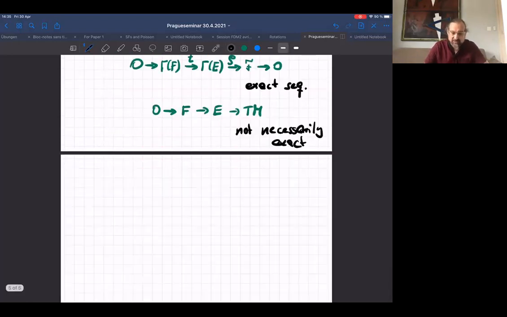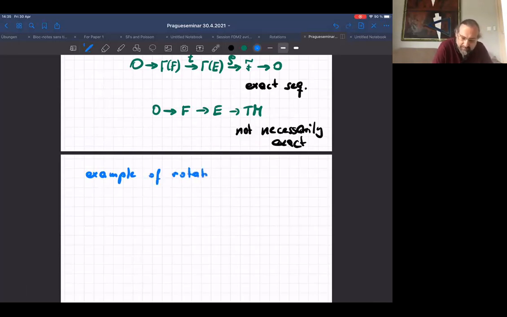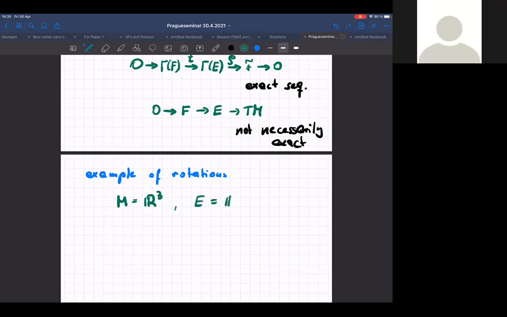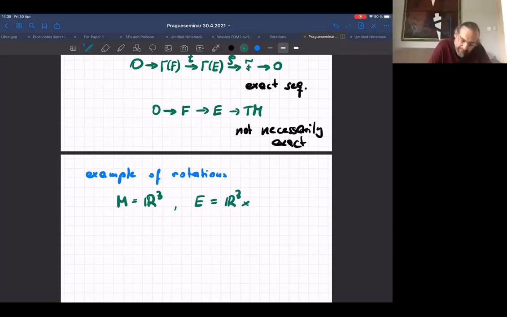Okay, good. So let me give this example of rotations in this setting. There M is equal to R3, E is 3-dimensional, rank 3, and F is rank 1.